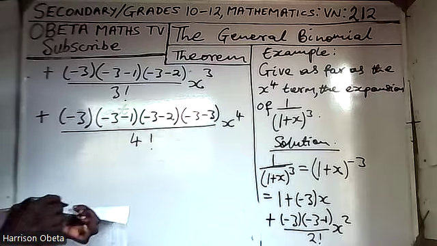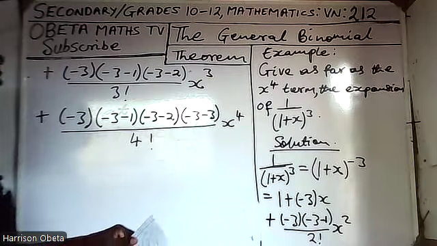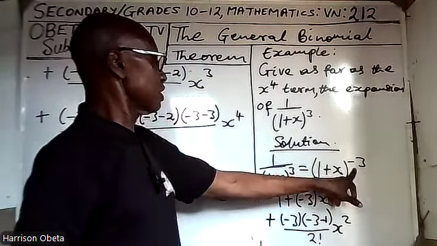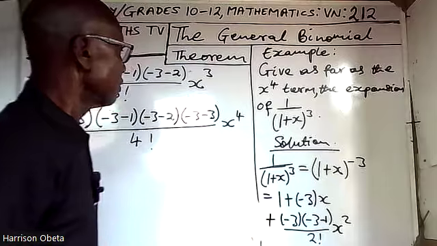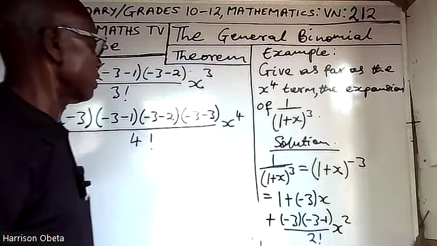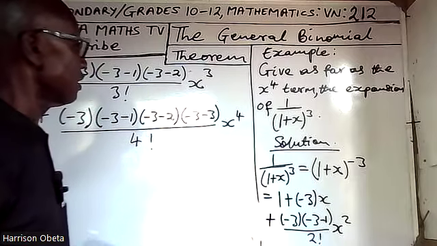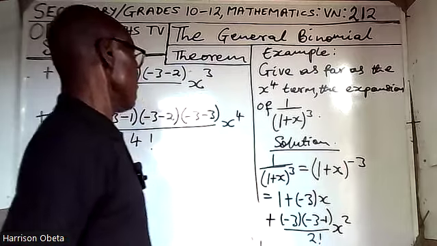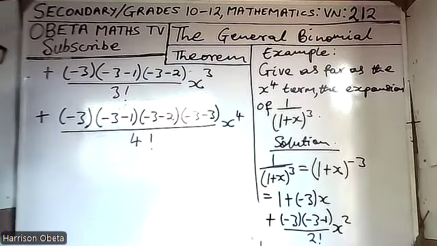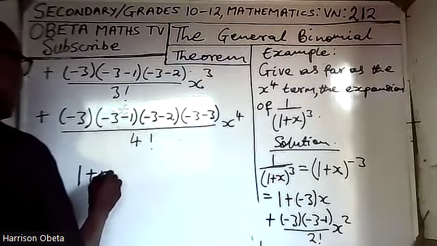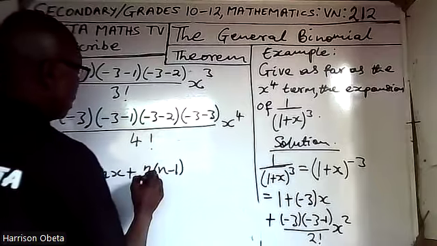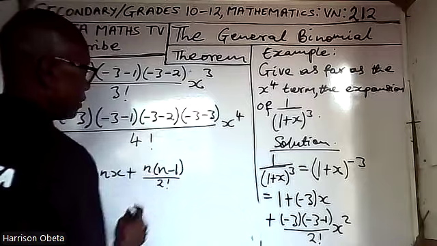Now, let me explain. You can see that our n is minus 3, and our x is still our x. So anywhere we're supposed to have n, we have to put minus 3. That is why we started with this, because the formula says 1 plus nx plus n(n minus 1) all over 2 factorial.